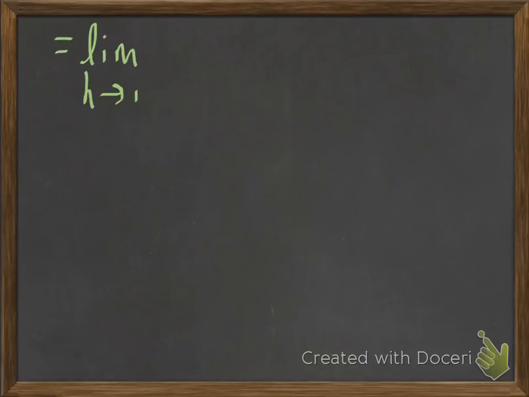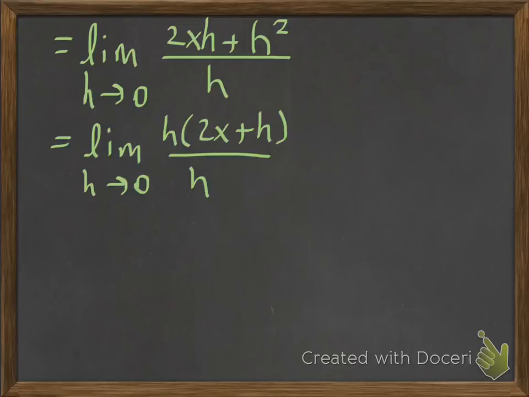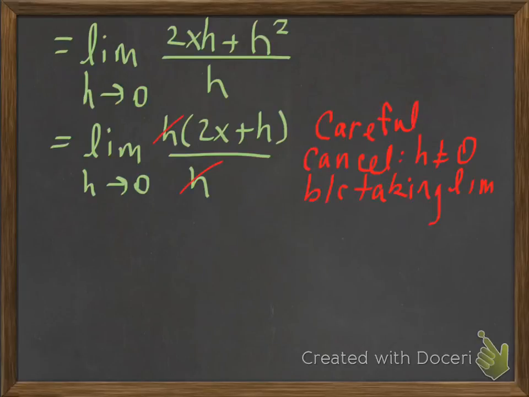And I am left with the limit as h goes to 0 of 2xh plus h squared over h. And I think you know where this is going. I'm going to factor out an h from the top and have the limit as h goes to 0 of h times 2x plus h over h. And of course, I'm going to carefully cancel because h is not 0 since I'm taking the limit as h goes to 0.